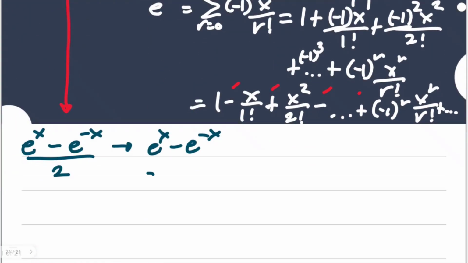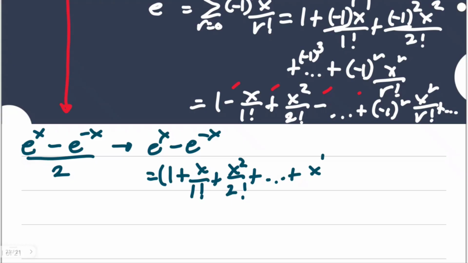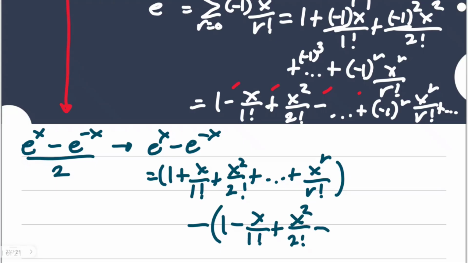We start with the first: 1 plus x over 1 factorial plus x squared over 2 factorial, plus until you have x to the power of r over r factorial, minus the second group: 1 minus x over 1 factorial plus x squared over 2 factorial, minus, and so on until you reach negative 1 raised to r, x to the power of r over r factorial.